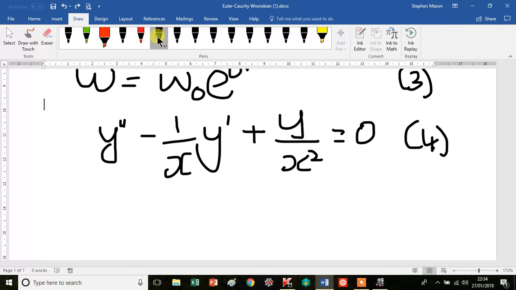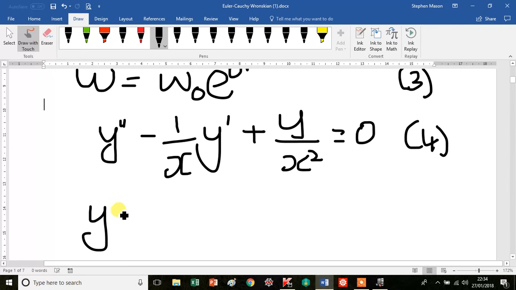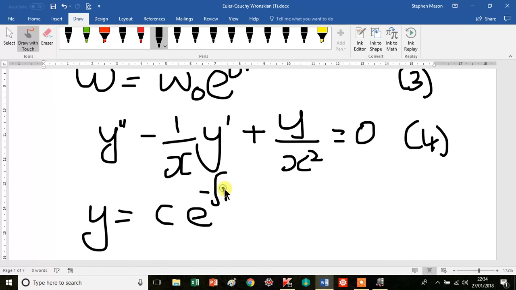So I'm going to guess a solution. I'm going to suggest that the solution is y equal to just some constant times e to the minus integral of p dx.